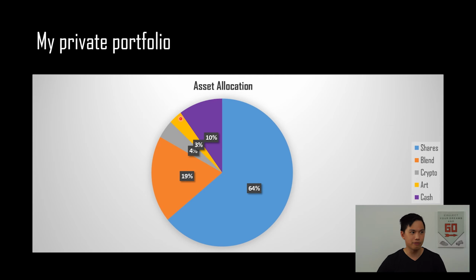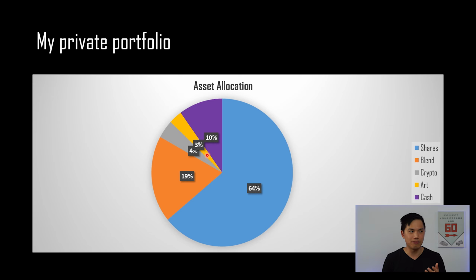In my private portfolio, however, I do have 64% in shares, 19% in blend, and 4% in cryptocurrencies. So I did mention on this channel that my targeted asset allocation for Bitcoin especially is 4 to 5%. Currently it is at 4% of my portfolio.